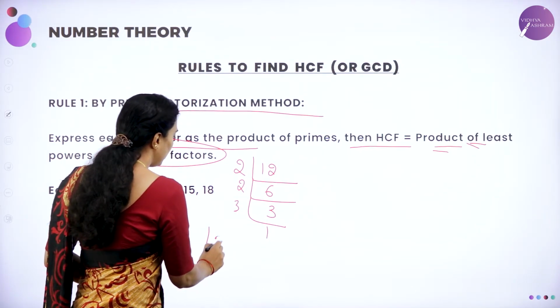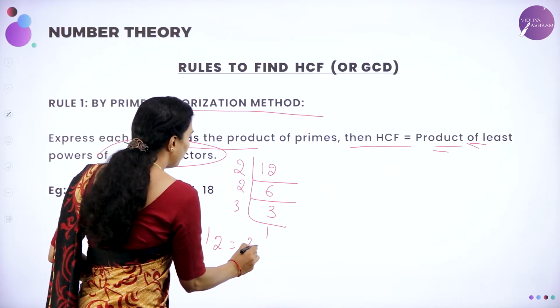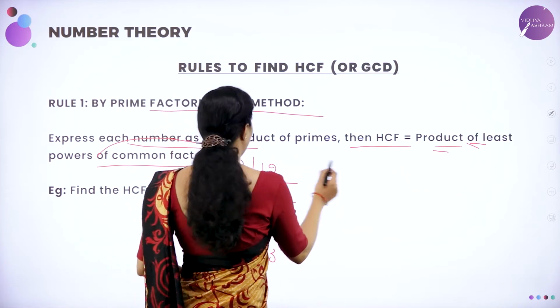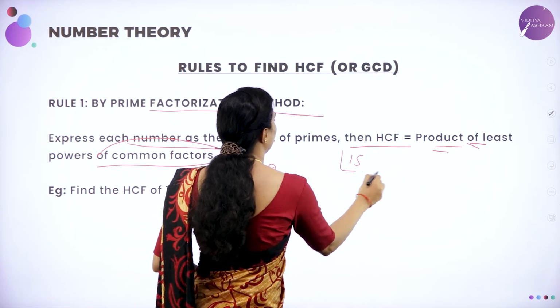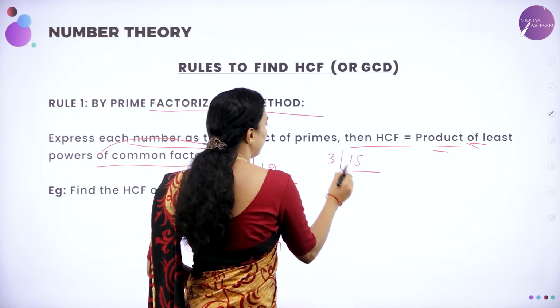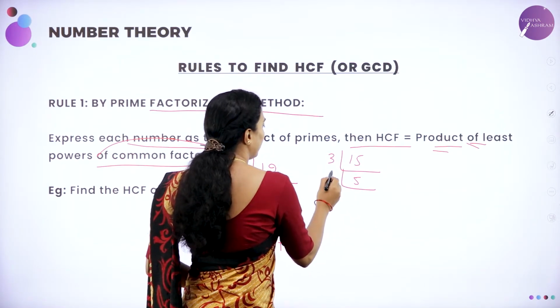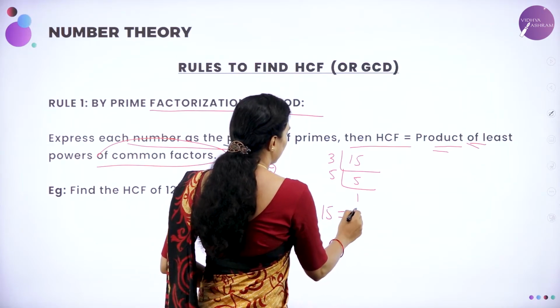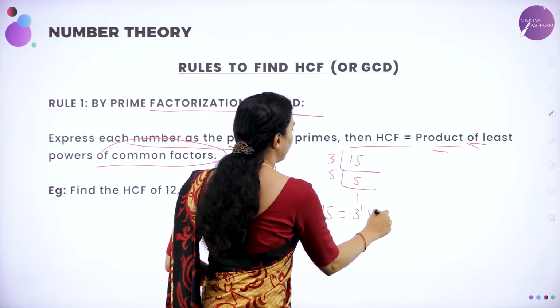So 12 can be written as 2 power 2 into 3 power 1. Observe here. Next, 15 is divisible by 3, 3 fives are 15, and 5 ones are 5. So 15 can be written as 3 power 1 into 5 power 1.